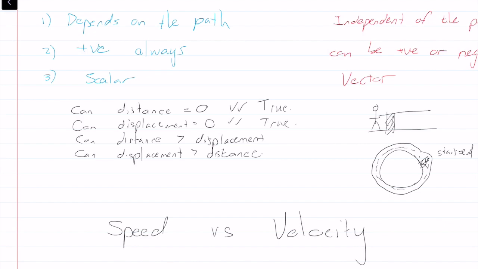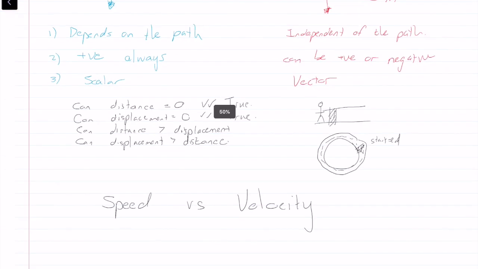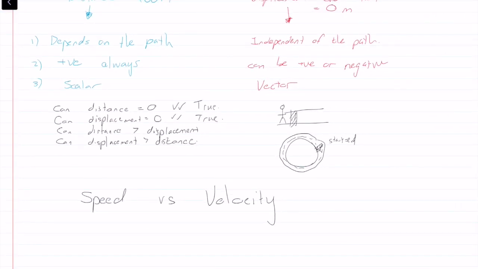Okay, so can the distance be greater than the displacement? We actually did an example, but let's just do one. We can work with this example we had right here. If we go around the track, let's say the track is 500 meters, the distance is equal to 500 meters, and the displacement is equal to 0, so distance can be greater than displacement, so that is true as well.